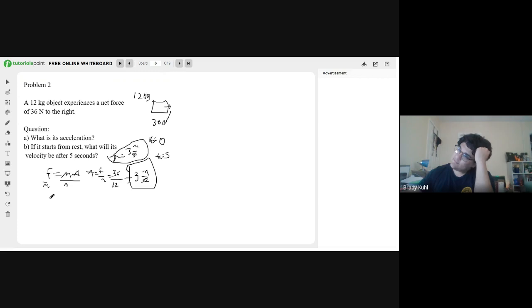So V equals V0 plus at, which equals 0 plus 3 times 5, and the velocity is 15 meters per second.